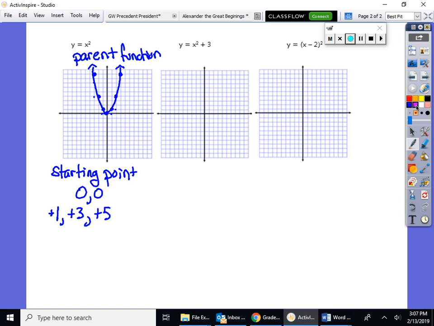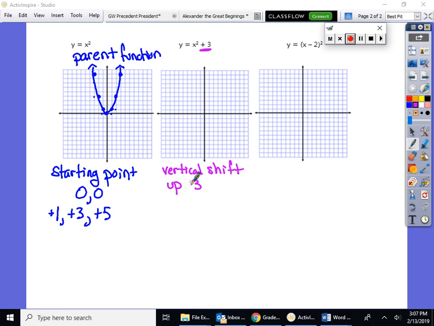Now the next one, it's x squared, but we have an extra plus 3 here. So this one is going to give us a vertical shift of up 3, since it's plus 3.